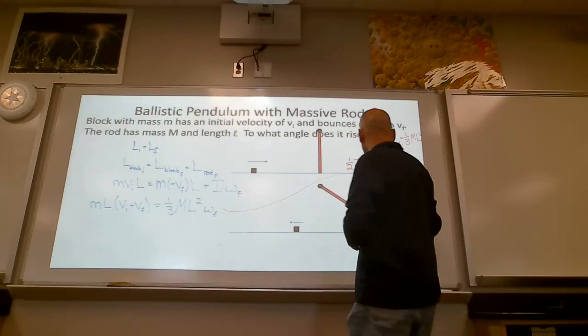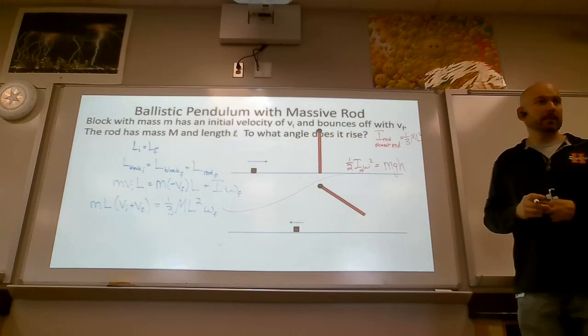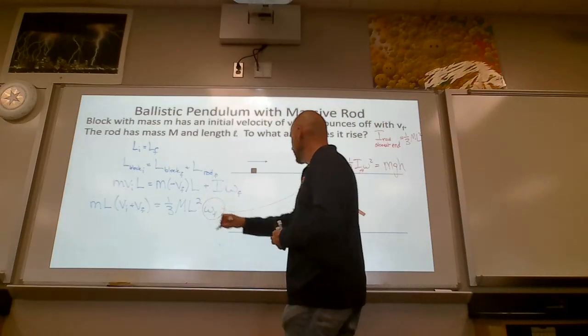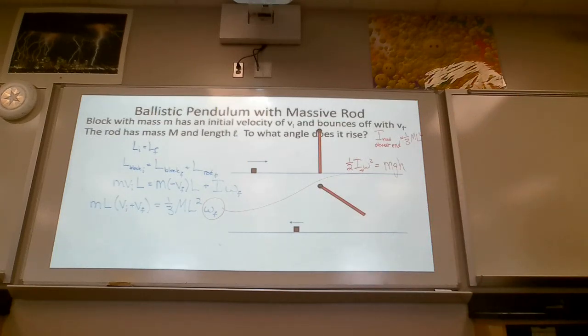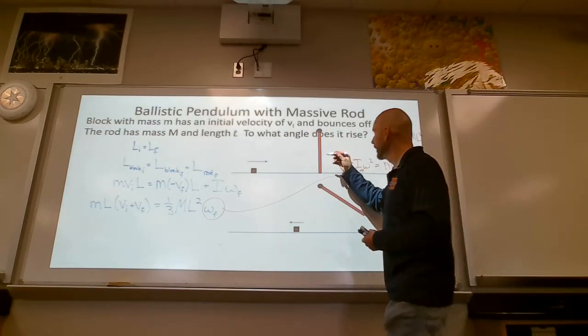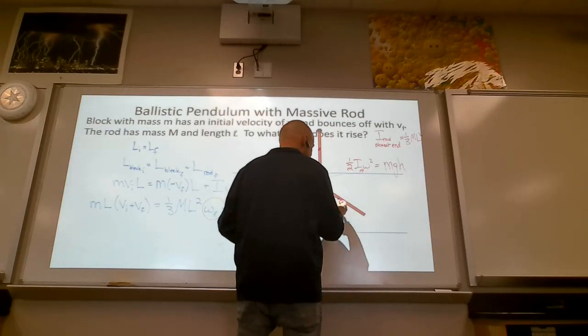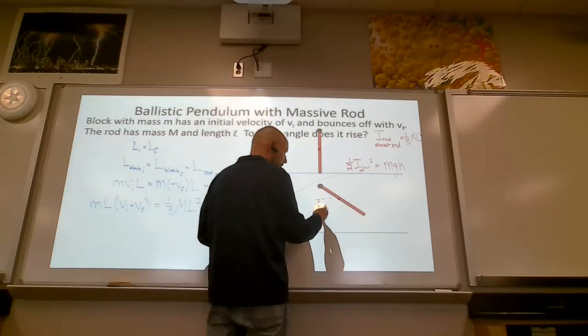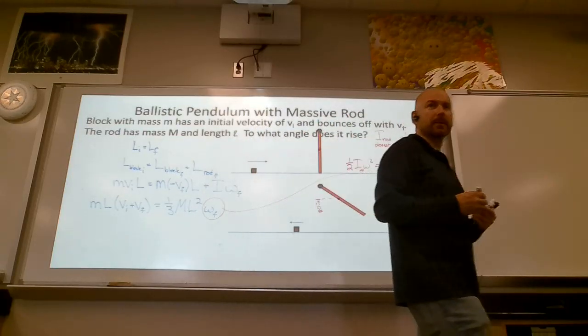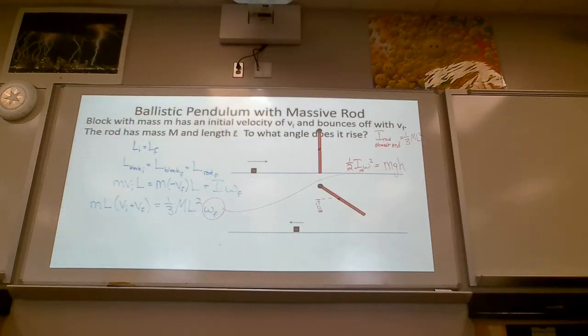But when we're talking about rotational stuff, this h is the center of mass, how high the center of mass rose. That's super important. Subtle, but they'll nail you. How high the center of mass rose. And then from that, you can figure out the angle with geometry.